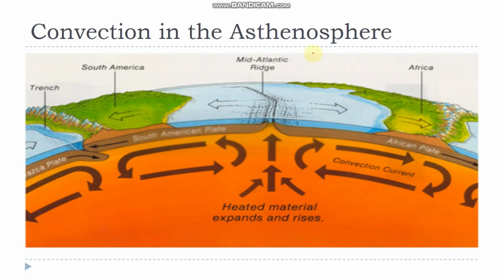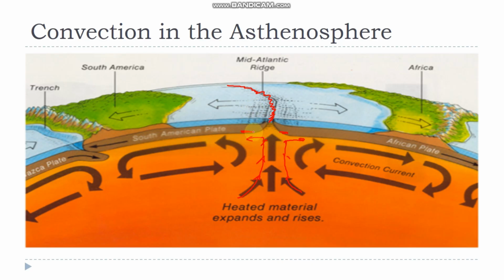A review of the asthenosphere: it is the upper part of the mantle, and the heated material gets really, really hot, so it becomes less dense, and it rises. As it hits the bottom part of the lithosphere layer, it splits in opposite directions. That splitting is enough force to kind of crack the plates above it.